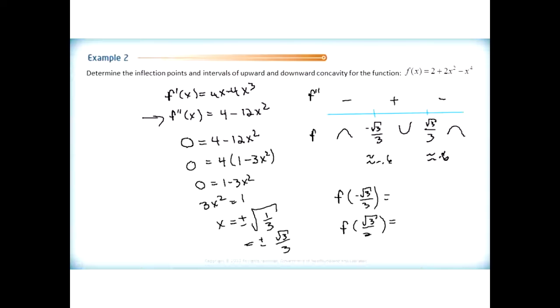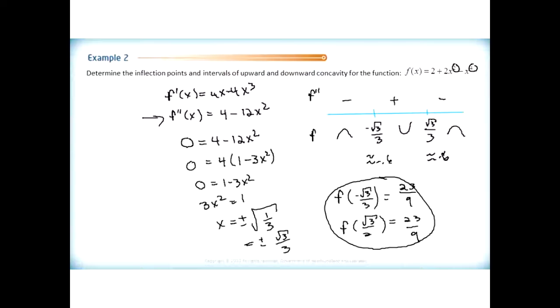All I'm going to do is plug those in, and using a calculator for finding numbers like this is a good idea. When I plug those into my calculator, I'm getting answers of 23 over 9 and 23 over 9, which makes sense that they're the same answer because one's positive and one's negative. They're both raised to even powers here. So those are my two inflection points.